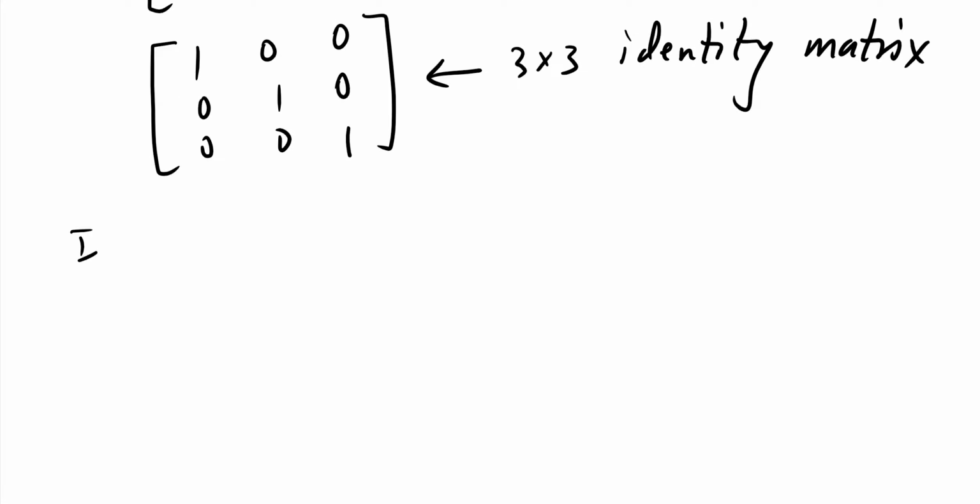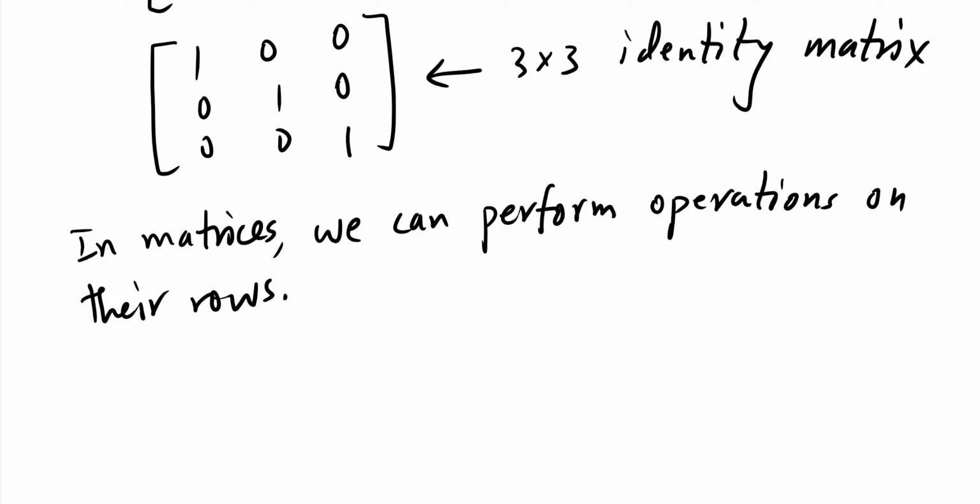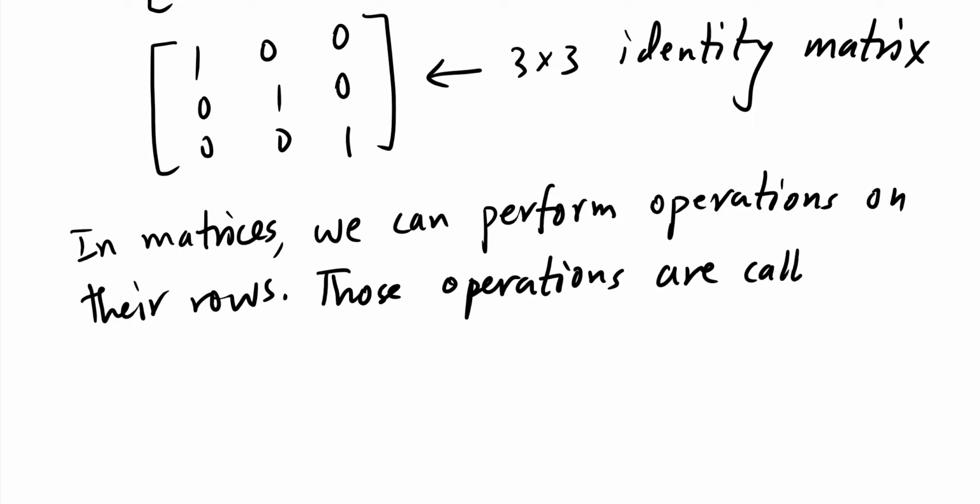Because in matrices we can perform operations on their rows. Those operations are called row operations.